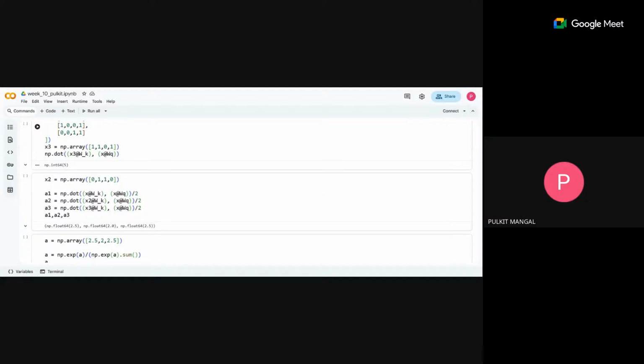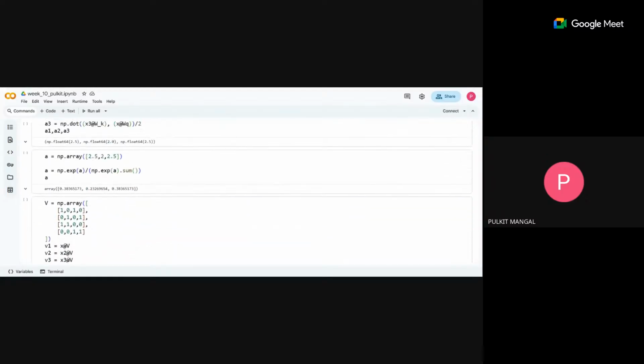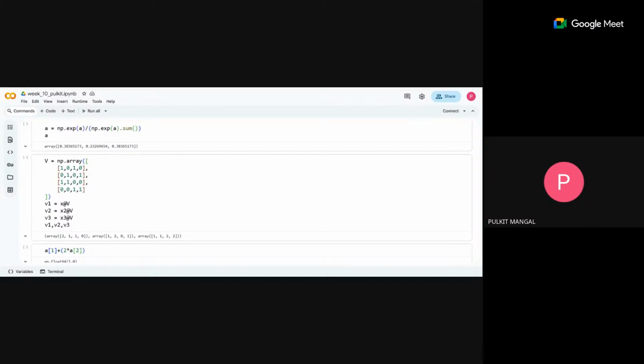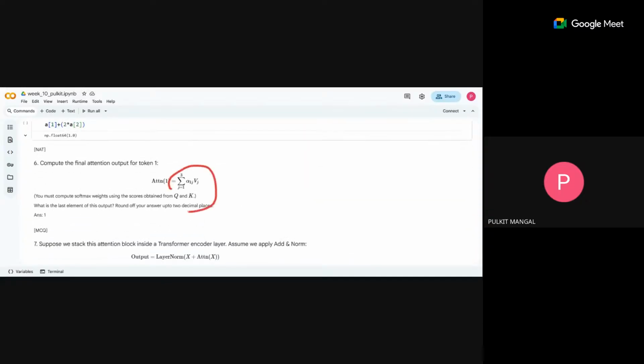This is my raw attention score. I want to normalize this using softmax, so that is done here using the softmax formula with np.exp. Then I also calculate my value embeddings: v1, v2, v3. Here is how the attention formula works: alpha 1j times vj.